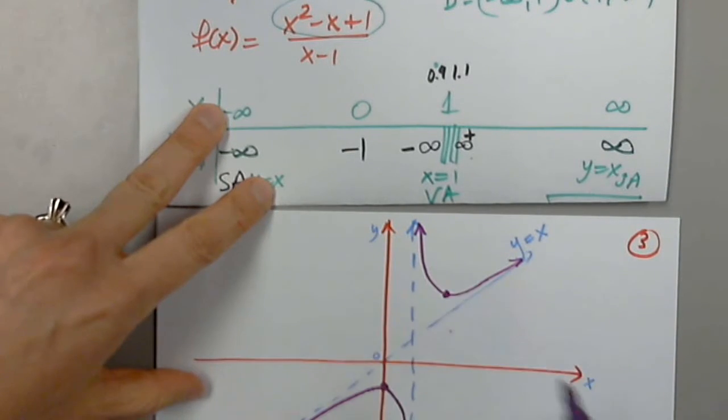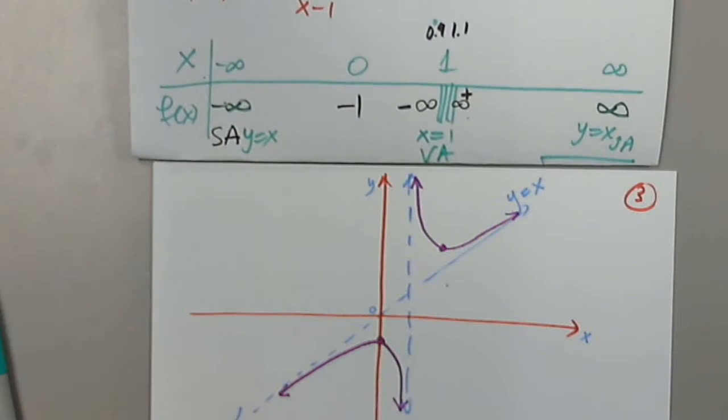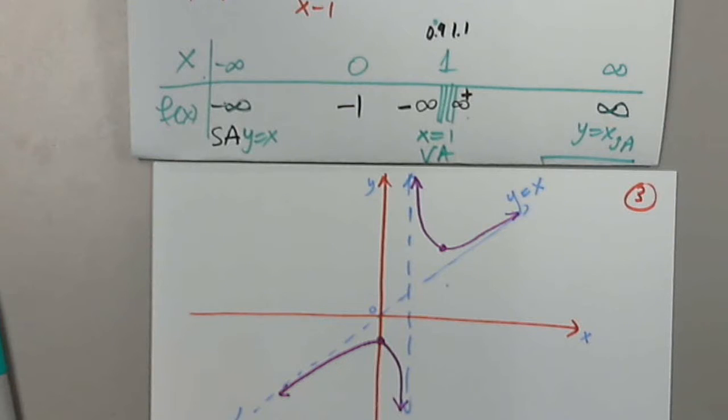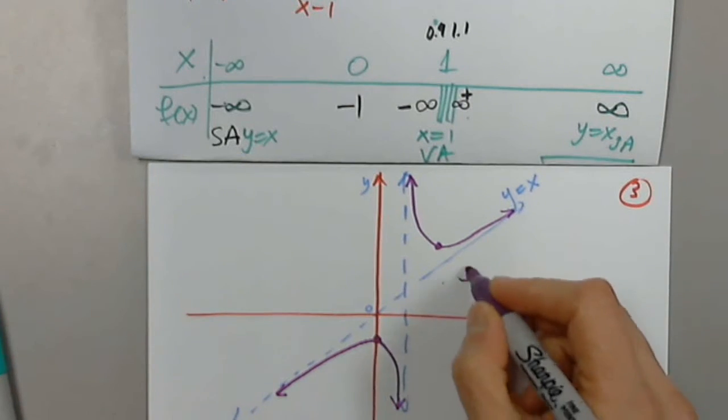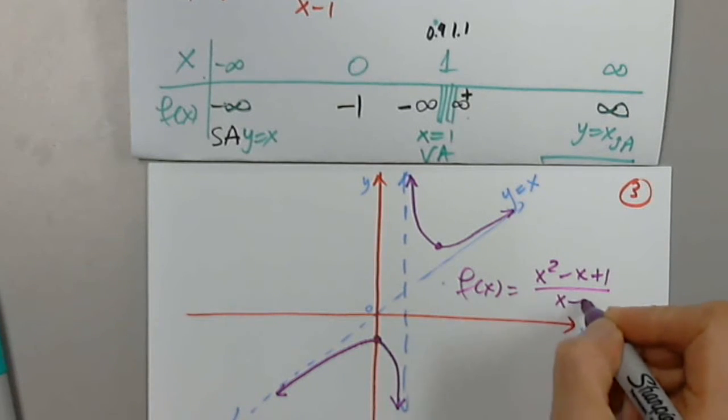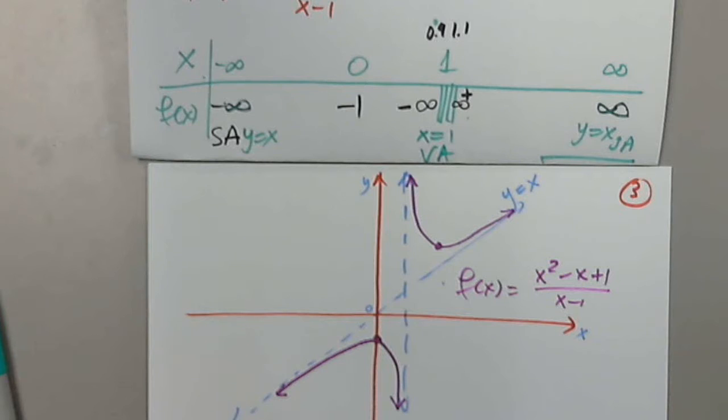So there must be a minimum somewhere. I cannot determine these. For example, this minimum, I cannot determine it without the graphing calculator. But this is for sure the graph of f of x, which is x squared minus x plus 1 over x minus 1. It's not an easy graph. I will never say that this is an easy graph. No.